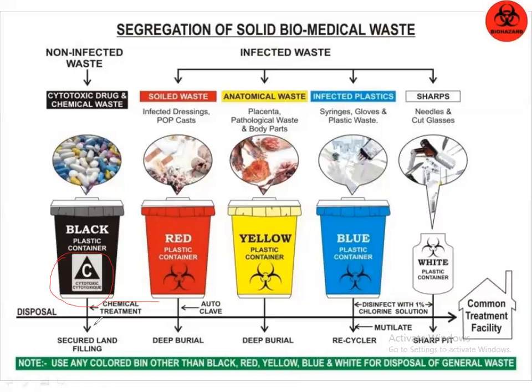This cytotoxic waste is dumped into landfill. The red color waste is deep buried. Yellow color waste is deep buried. Blue color waste is recycled. The sharps are collected in the sharp pit.